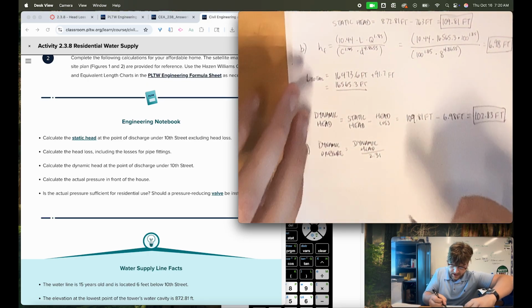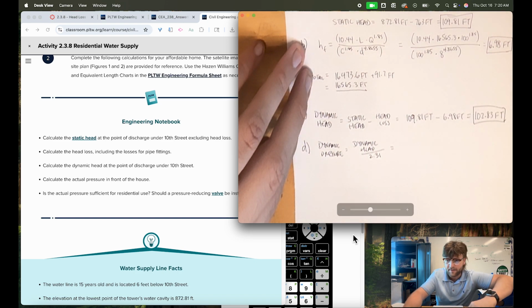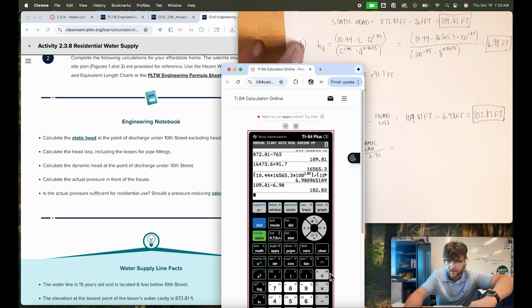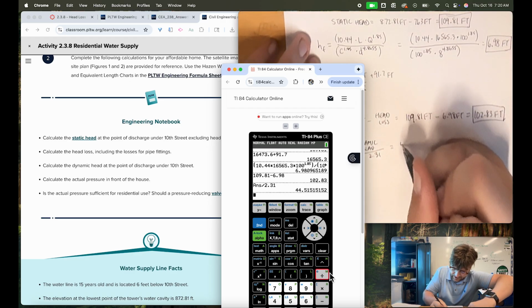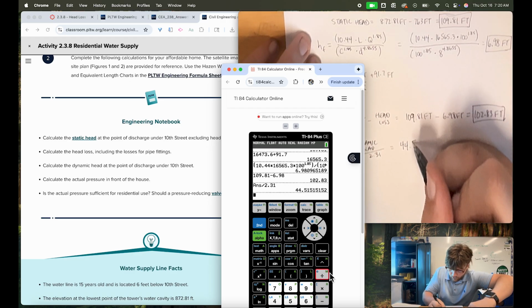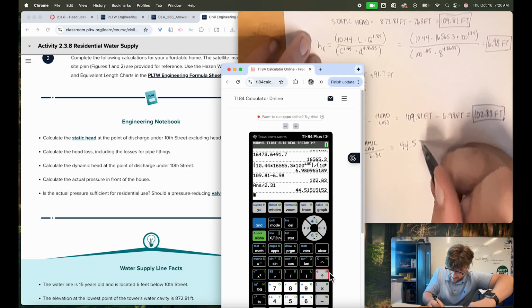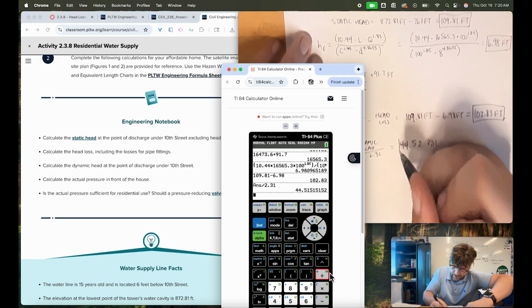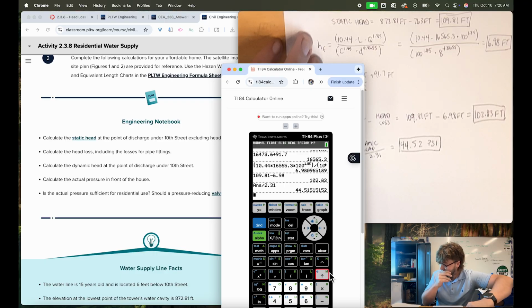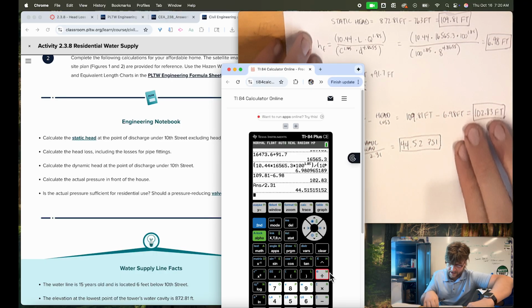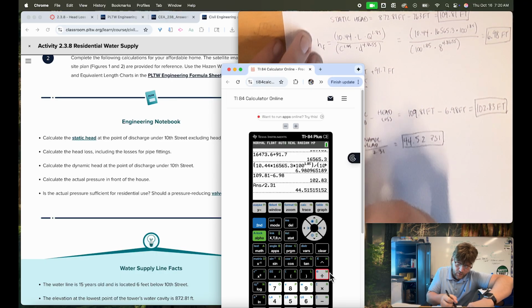All right. So now, if we take that number that we previously got, that 102.83, we can divide that by 2.31. What we're going to end up finding is that we're dealing with 44.52 psi in terms of that pressure in front of the house there. Okay. So that's what we end up with for our actual pressure.